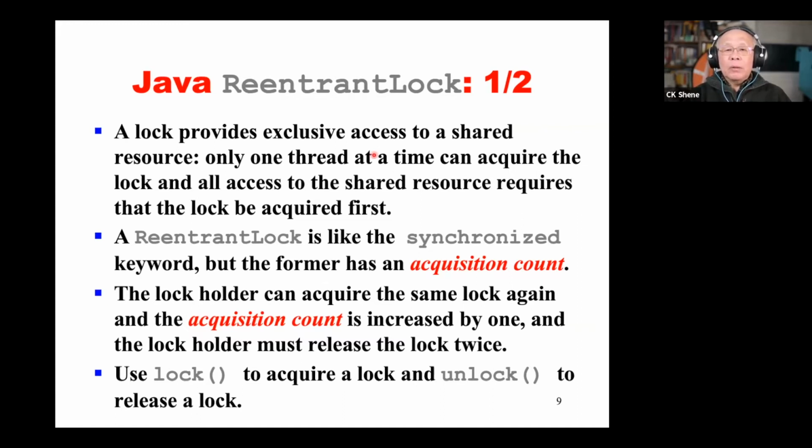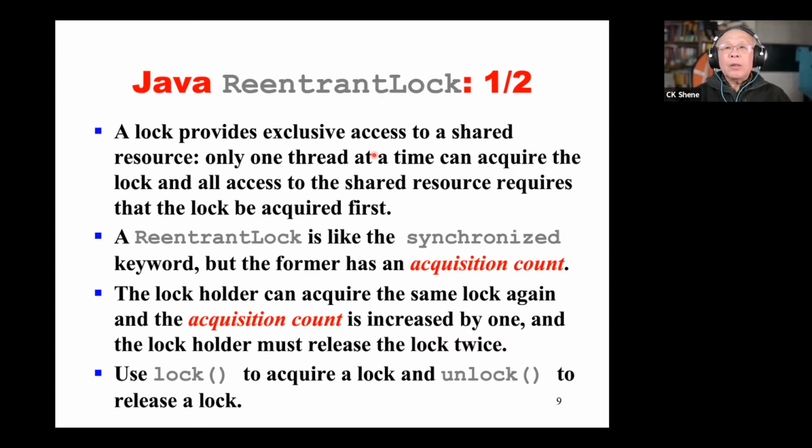Only one thread at a time can acquire the lock, and all access to a shared resource requires that the lock be acquired first. In other words, if we have a shared resource, all threads that want to use that shared resource must acquire the associated lock of that resource.